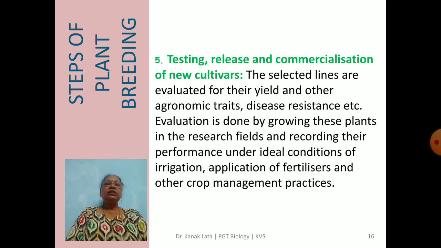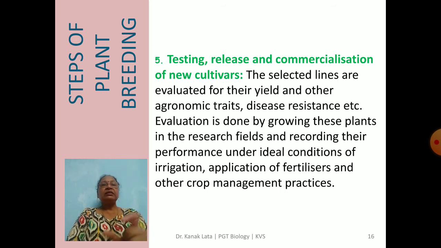Now next is the testing, release and commercialization of new cultivars. After that the selected lines are evaluated for their yield, either they are high yielding or not, and they have some other agronomic characters or traits or not, they are having disease resistance or not.